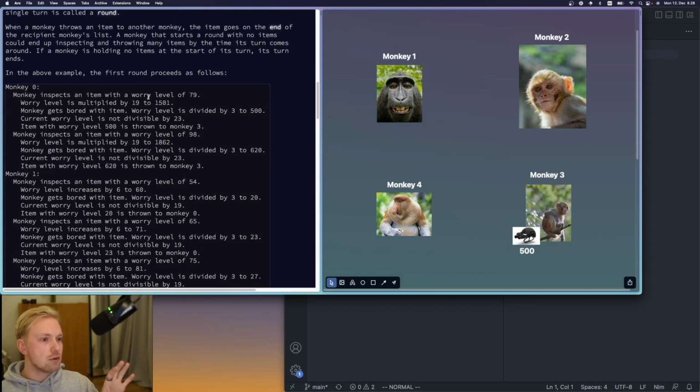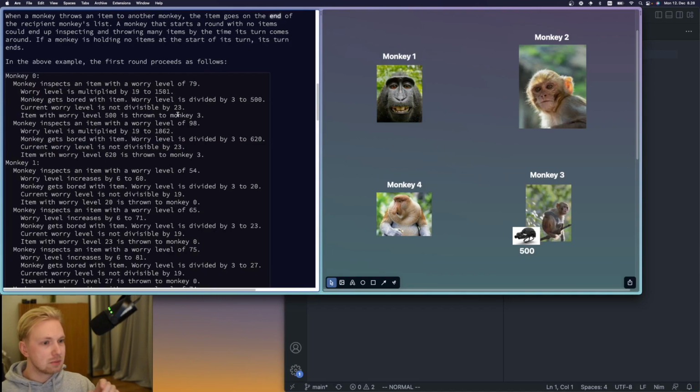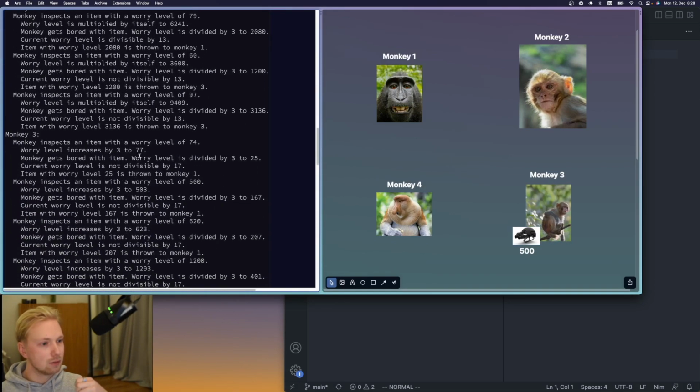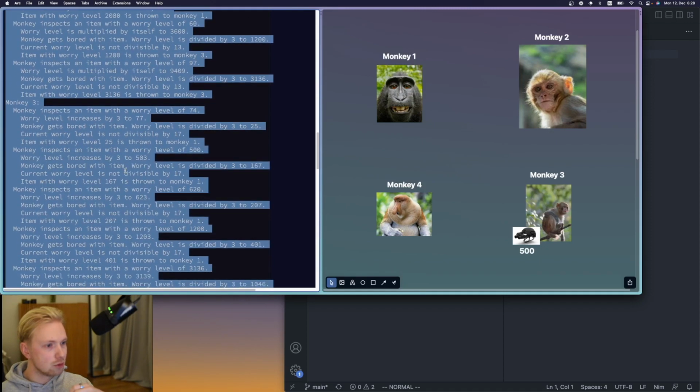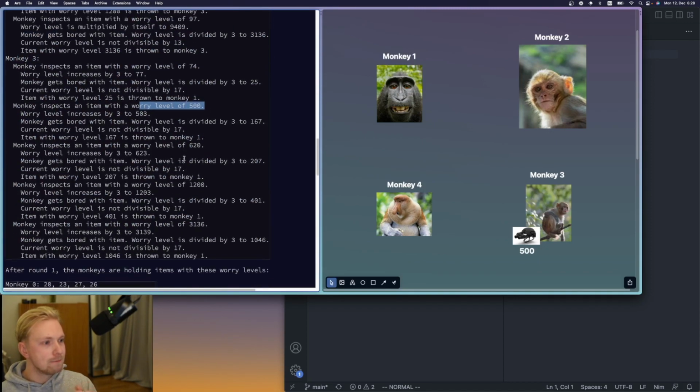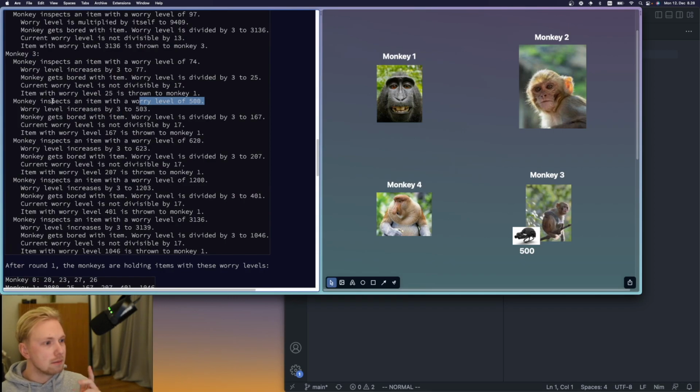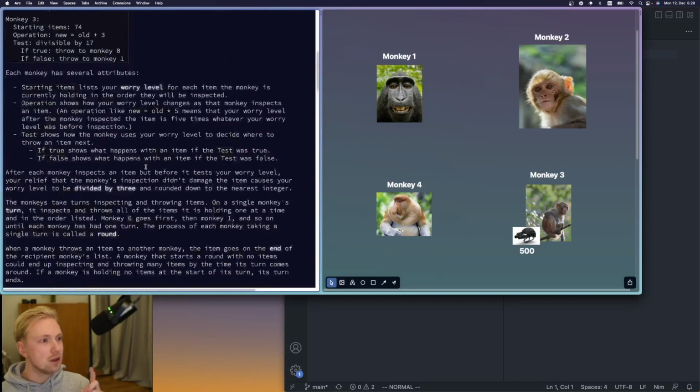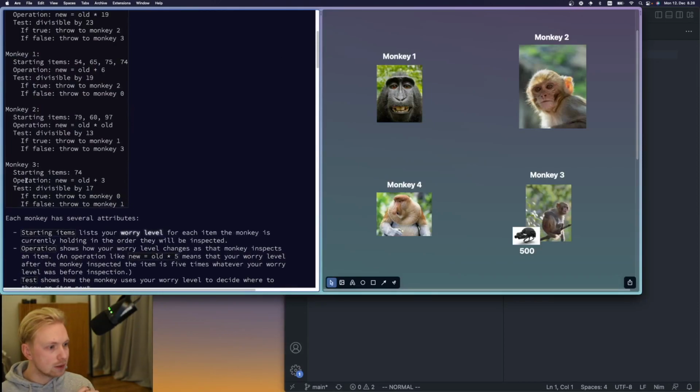Okay, and now let's not go through all of these examples, but let's see what happens when this item arrives at monkey 3 when it's monkey 3's turn. So it's exactly here. Monkey inspects an item with the worry level of 500. But now the worry level increases to 503 because if we inspect monkey 3's operation, it's old plus 3.